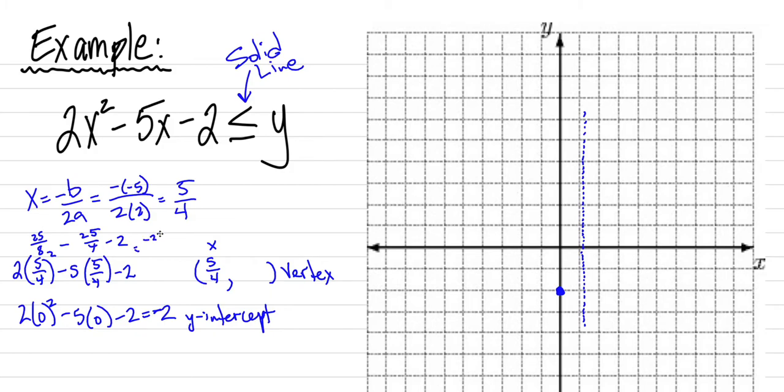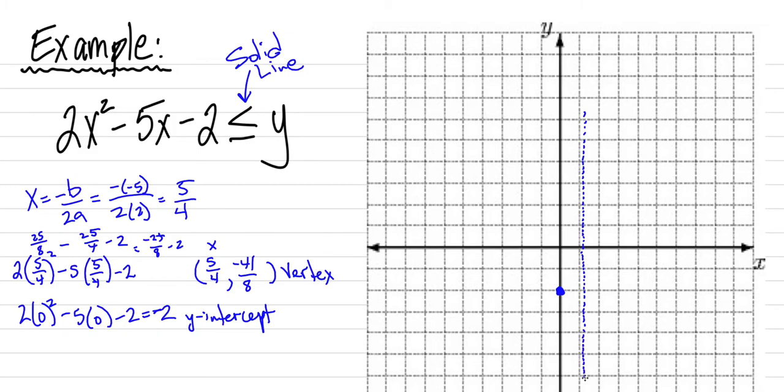Negative 25/8 minus 2, which is minus 16/8. 25 and 16 is 41. That's a terrible number. Negative 41/8. You guys have a calculator, I don't. So that probably would have been a golden opportunity for a calculator. So that is negative 5 1/8.